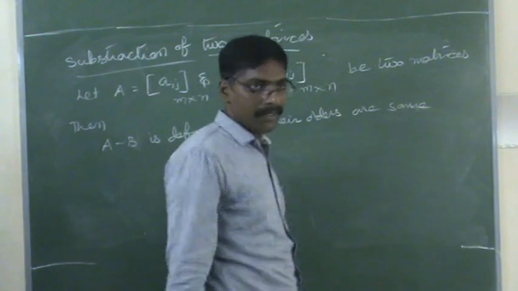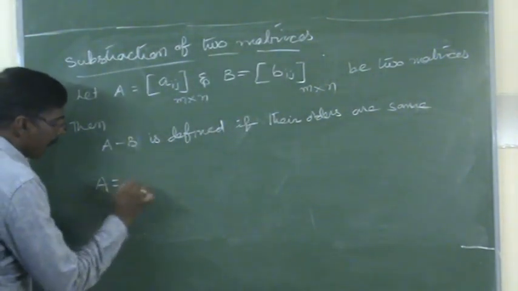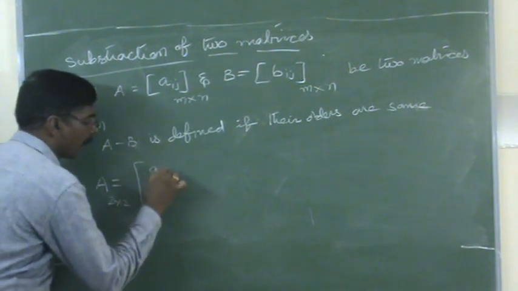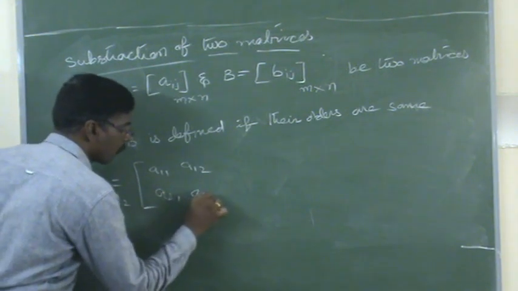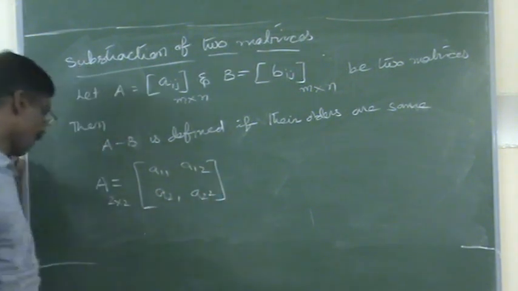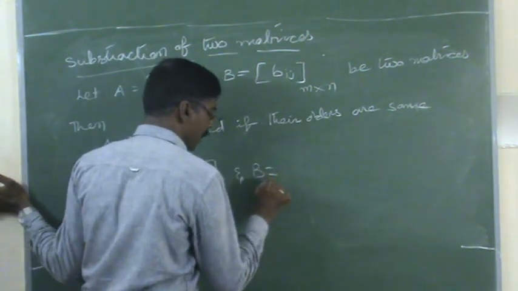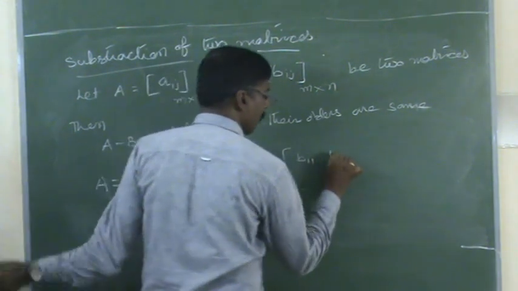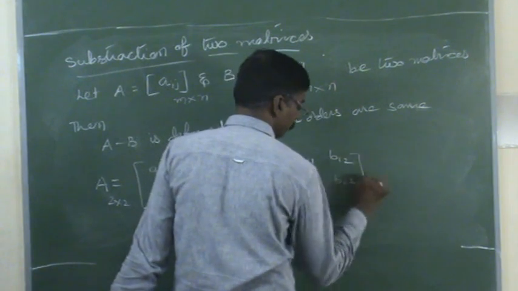We take, like this, capital A, a 2 by 2 matrix: A11, A12, A21, A22. Then matrix B, also of order 2 by 2: B11, B12, B21, B22.